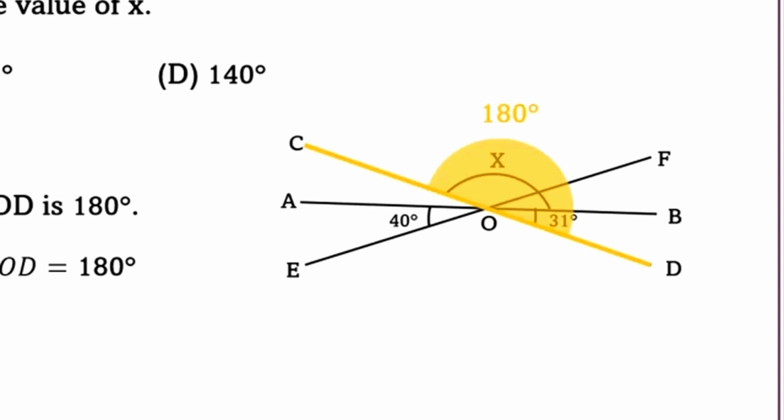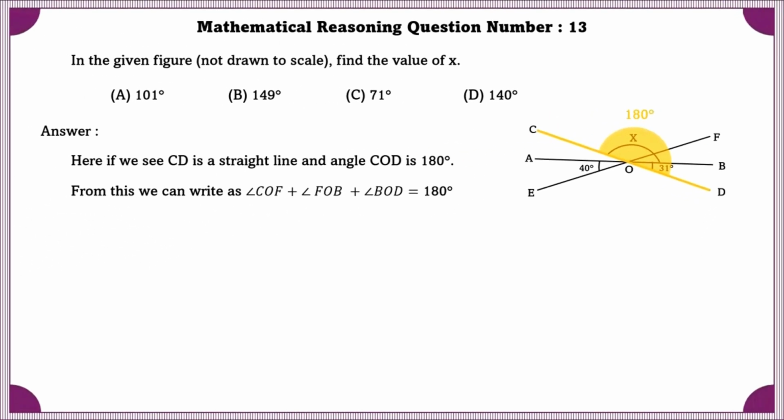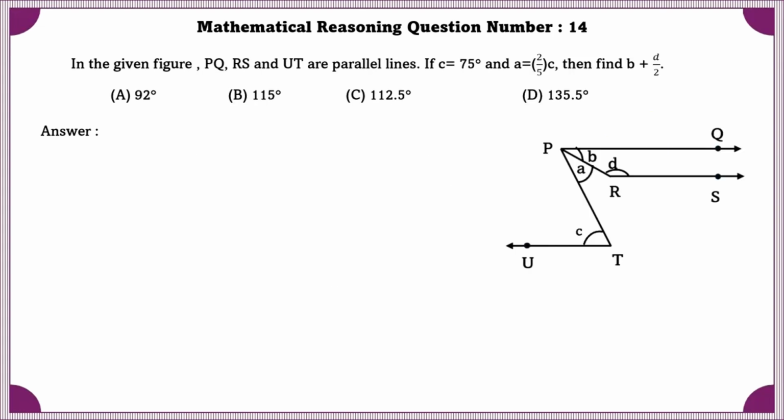From this we can write angle COF plus angle FOB plus angle BOD is equal to 180 degrees. Angle COF plus angle FOB is X. So we can substitute those two values as X plus angle BOD, that is 31 degrees. Now we can find the value of X, that is 149 degrees.